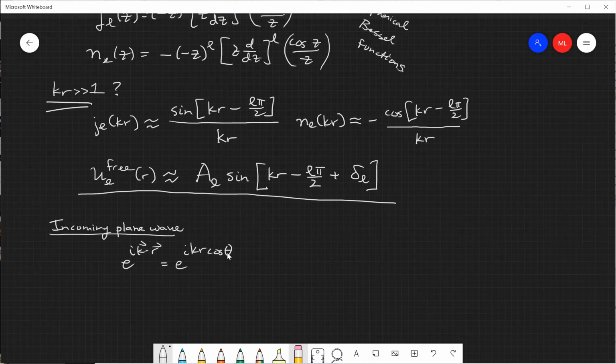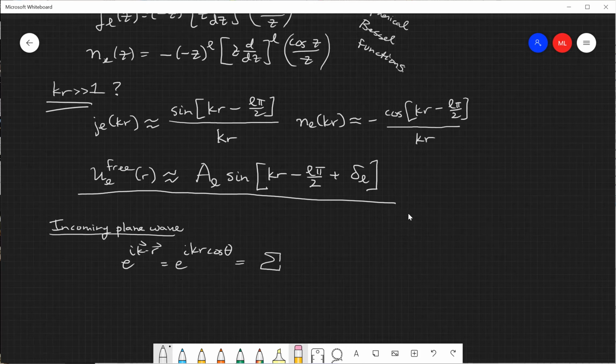You can also just look this up. It's an expansion of a function of this form, e to the i k r cosine theta. You can expand it, and what you get is the following. You get a sum.